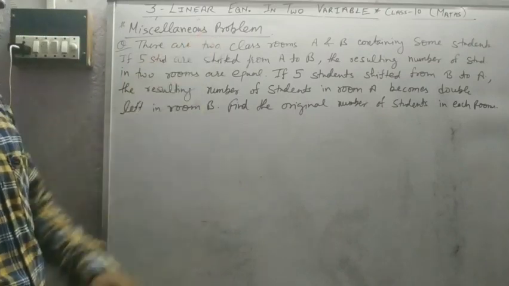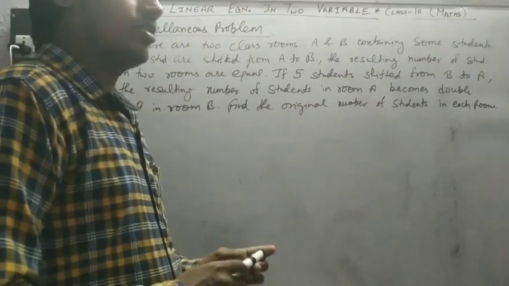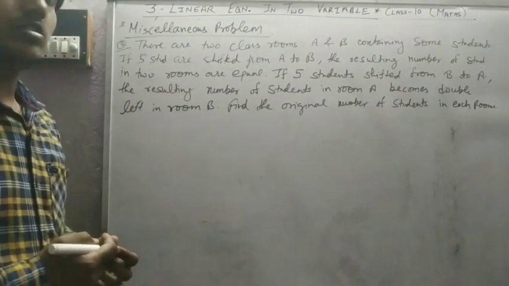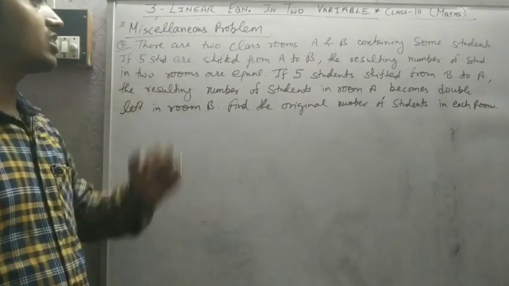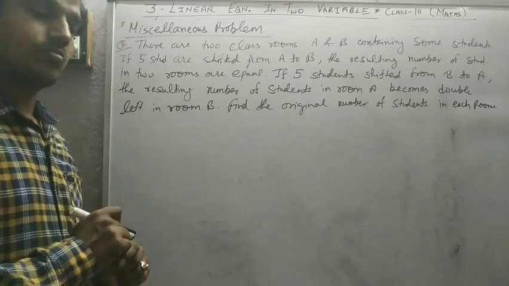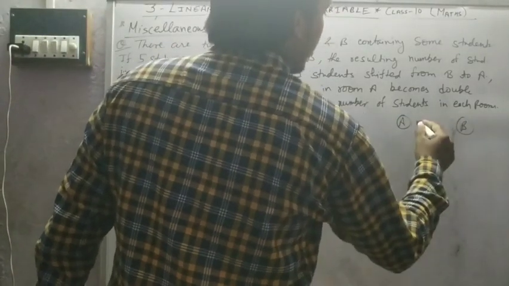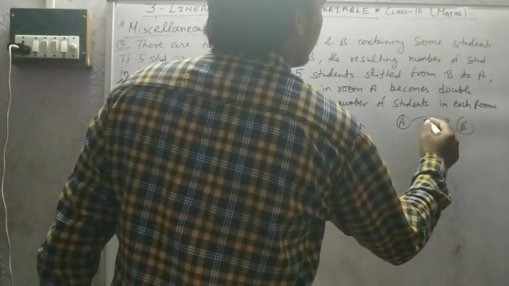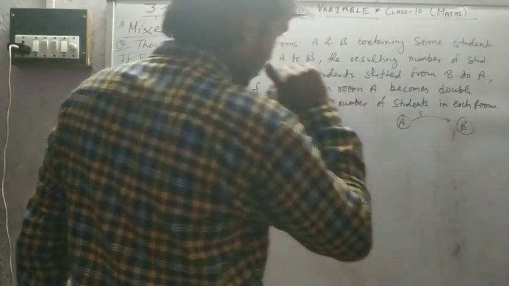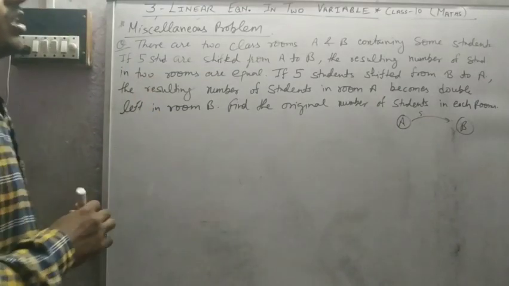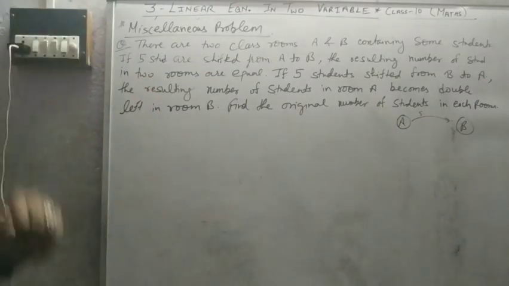There are two classrooms, A and B, containing some students in each room. If 5 students are shifted from A to B, the resulting number of students is equal in each room.